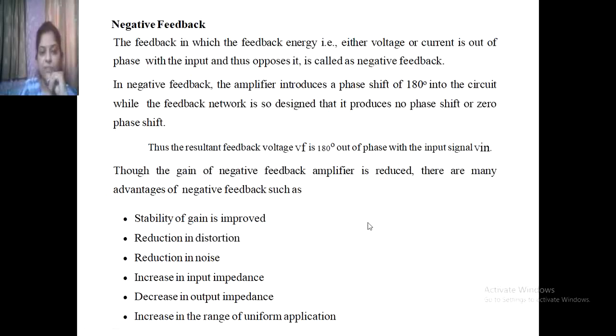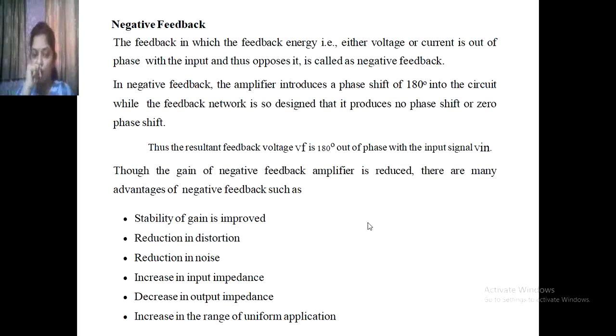Then negative feedback. The feedback in which the feedback energy, that is either voltage or current, is out of phase with the input and thus opposes, is called negative feedback. In negative feedback, the amplifier introduces a phase shift of 180 degrees into the circuit, while the feedback network is so designed that it produces no phase shift.